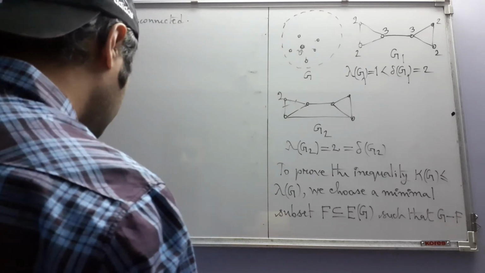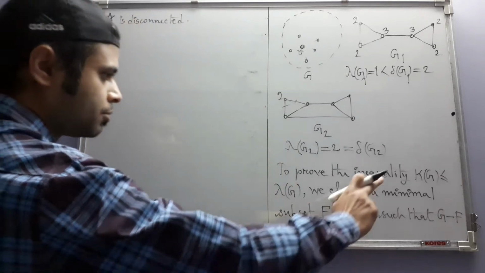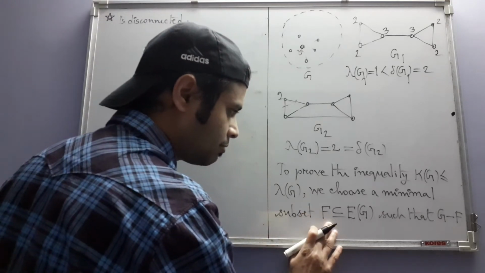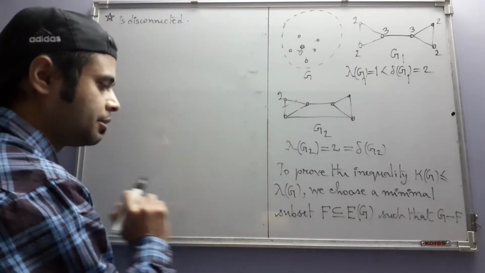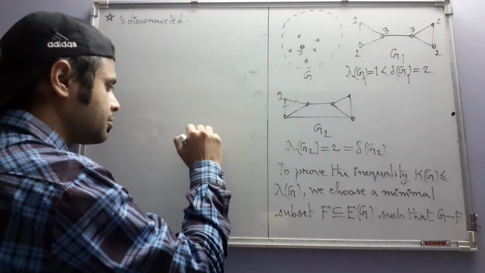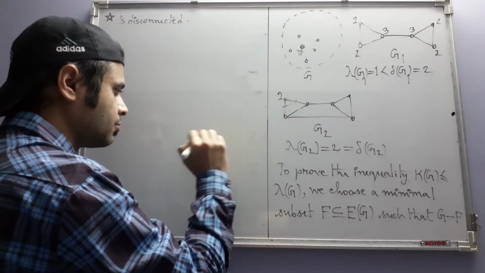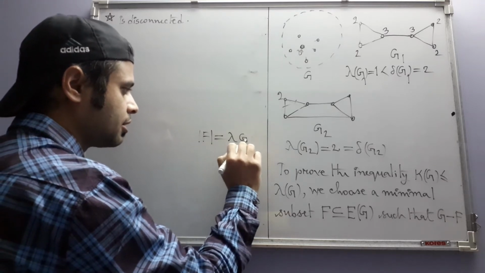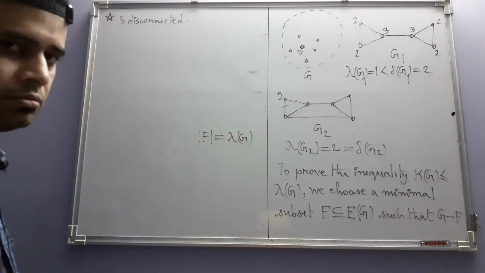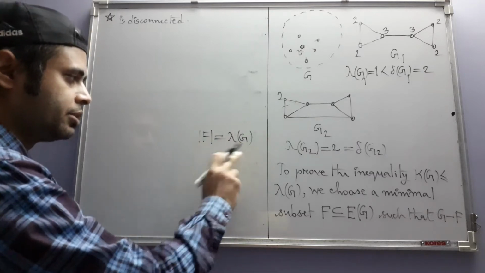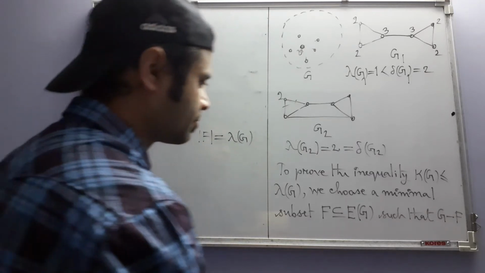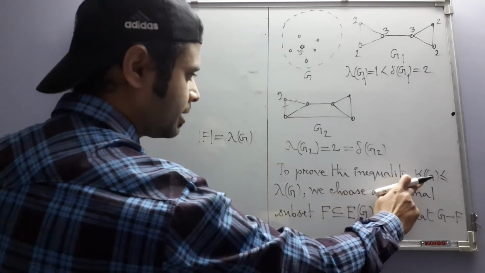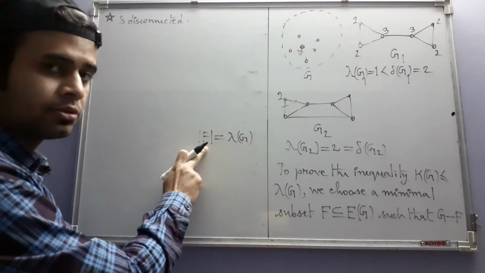Now there are two cases. So to prove this inequality, that means what? The minimal nature of F and this condition tells us that the number of edges in F is actually nothing but the edge connectivity of G. Naturally, that is the definition of the edge connectivity. So we have to prove that the connectivity of G is less than or equal to this number.